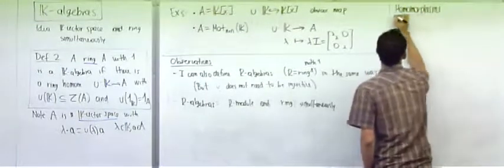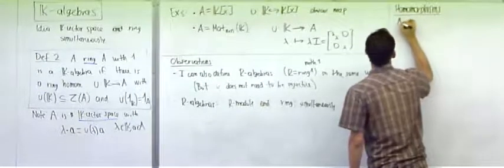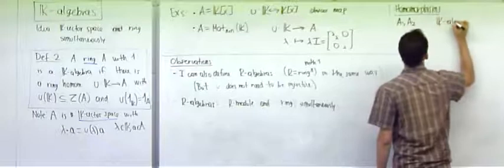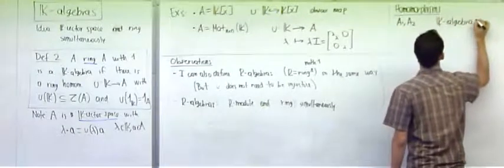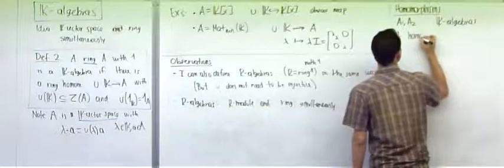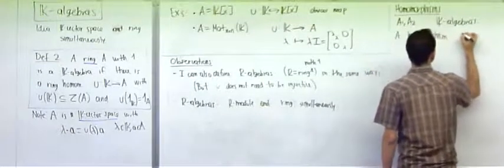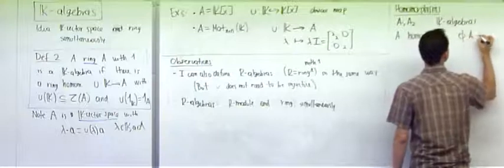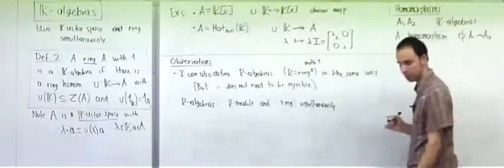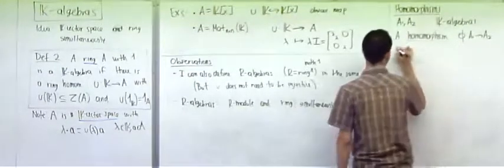Let's say that A1 and A2 are K algebras. What should a homomorphism be? It's a map satisfying what?